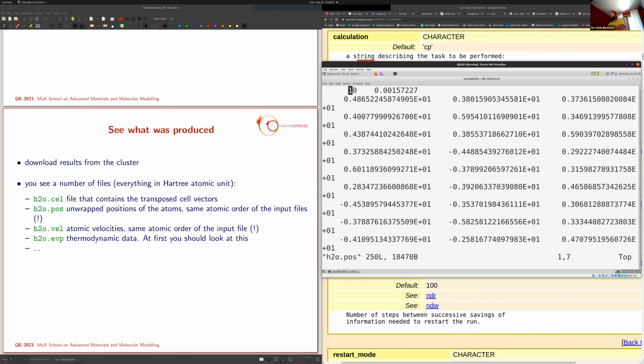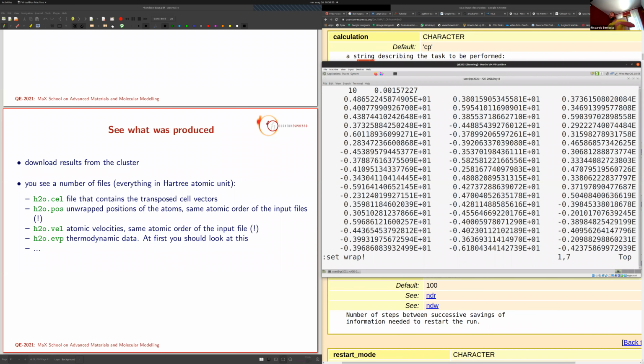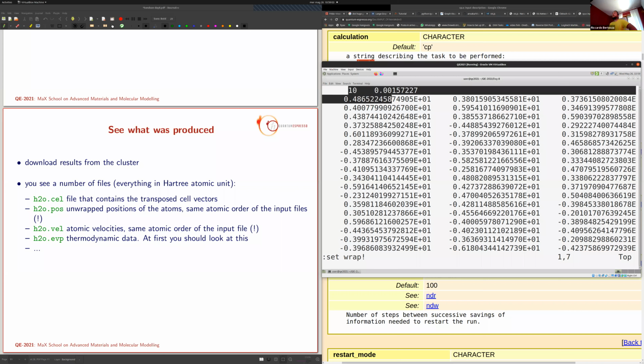This was simple. We can see the positions, that are the most interesting one. The position file. You see the first line, let's say the header for each time step, is the same as the other file: number of steps, and time in picoseconds.